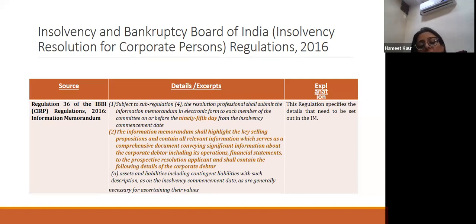For example, under the assessments which were going on prior to the ICD, but the taxes, etc., the liabilities and penalties were not crystallized, but all of them will fall under the contingent liabilities. So the complete picture, the holistic view, has to be given to the RA for taking a wise decision.